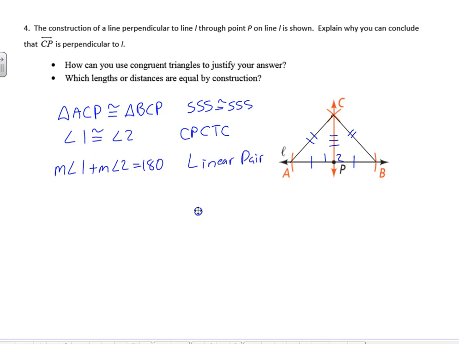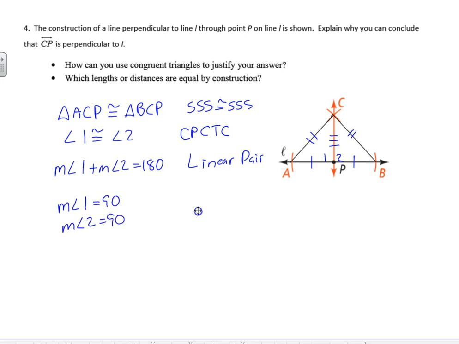So if the angles are congruent and form a linear pair, the only way for the two angles to be the same and add up to 180 is that they both have to equal 90. So the measure of angle 1 has to equal 90, the measure of angle 2 has to equal 90.